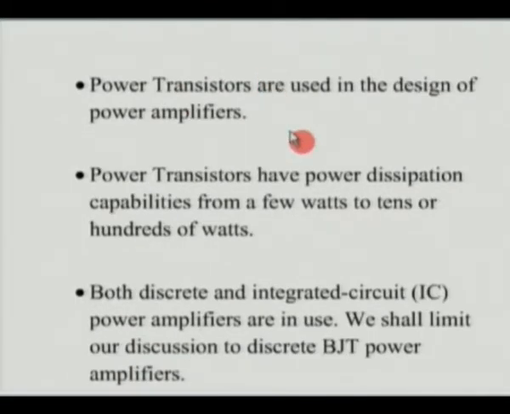As we said, the transistors used here are very special transistors, and typical power dissipation capabilities of these transistors would be a few watts and sometimes maybe hundreds of watts. For example, a very popular NPN transistor which you may be familiar with is the 2N3055, which has a power dissipation of 125 watts. So we are talking about large power dissipation values.